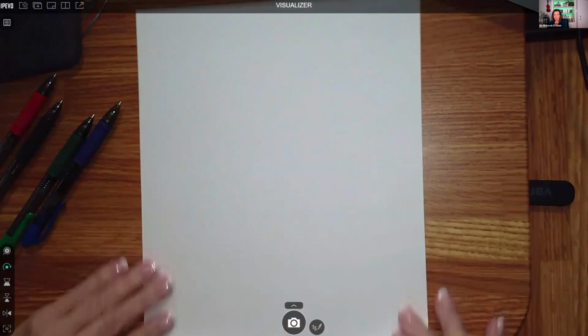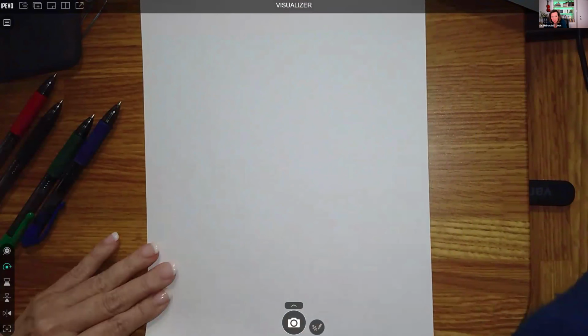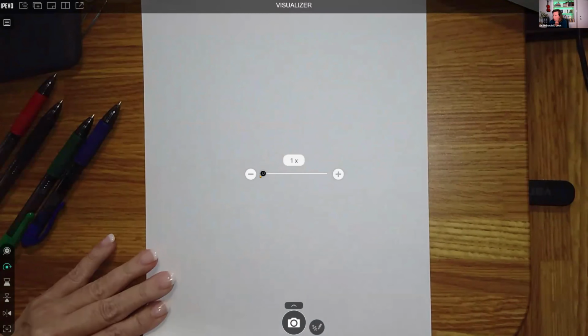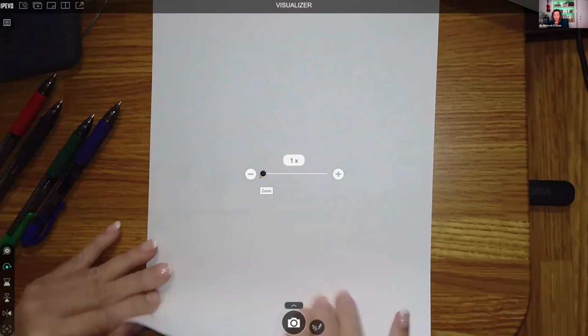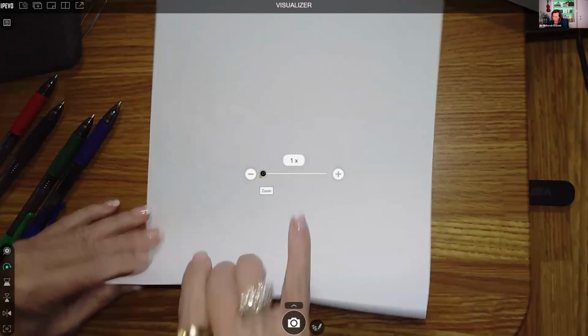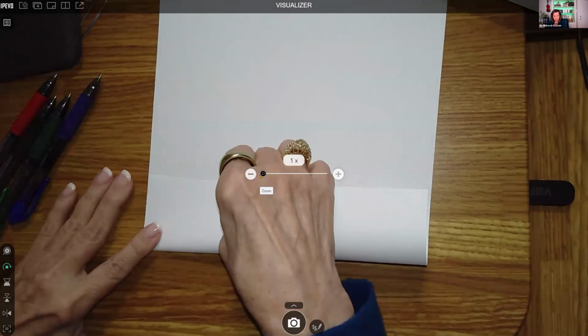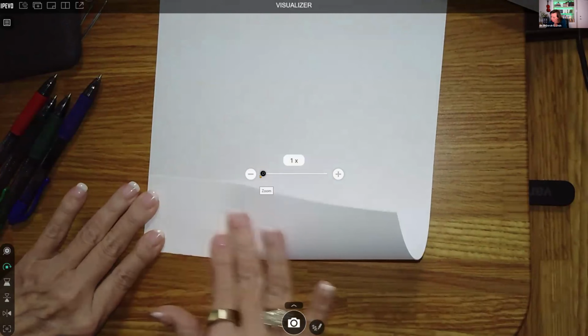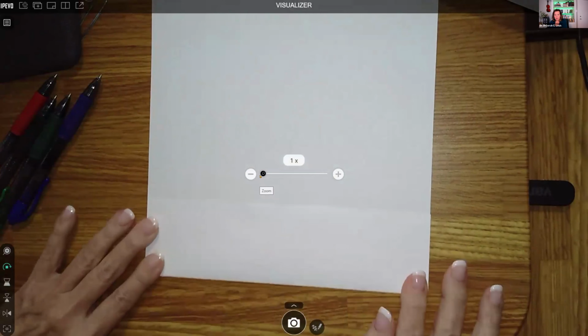And so I get a blank sheet of paper, and I'm going to come out a little bit so you can see what I do with this. I'll say to the students, at the bottom of the paper, fold the paper up 2 inches. And so we fold the paper up 2 inches.